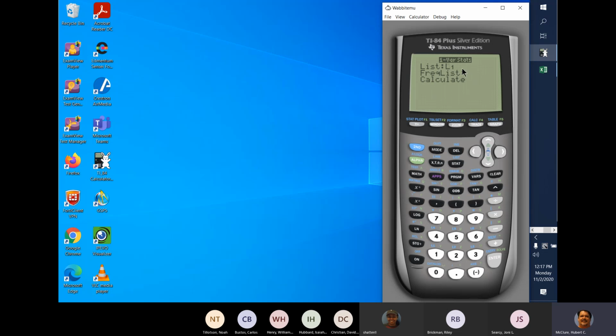L1, it automatically goes to L1, and hit Calculate. And there are your answers. Now, what to look at? Well, X bar, 528.5, that is your mean.